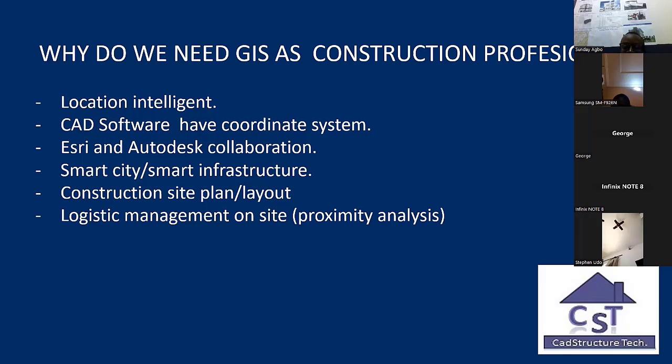Then another thing is that the world generally is going smart. That is what we call smart city and smart infrastructure. Everything is going smart, buildings are becoming smart, all the infrastructure we have is becoming smart. Now, if you look at any of those smart buildings or any smart infrastructure that you see, it has a GIS component attached to it, because there's no way any system can be smart when it's not location sensitive.